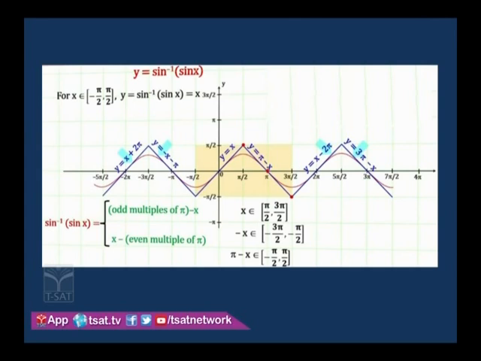In different intervals the graph behavior is different: y = x, y = pi - x. We remember a simple formula: sin inverse of sin x is equal to an odd multiple of pi minus x, or x minus an even multiple of pi. By this graph we can solve so many problems.